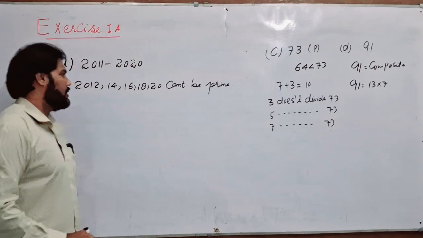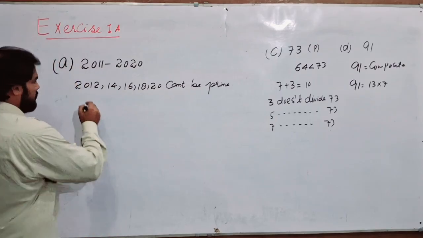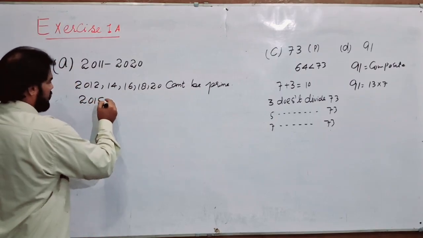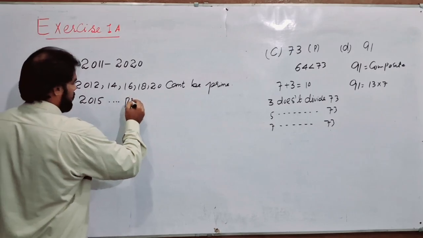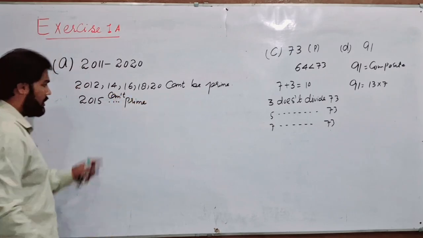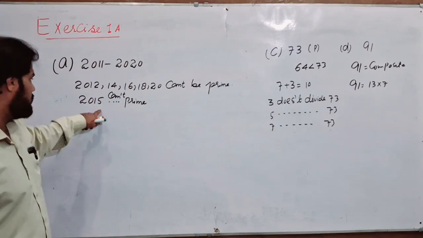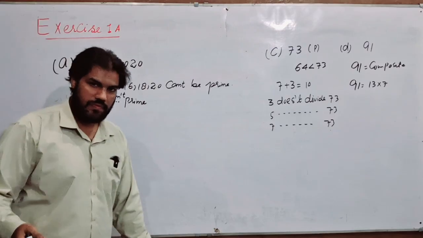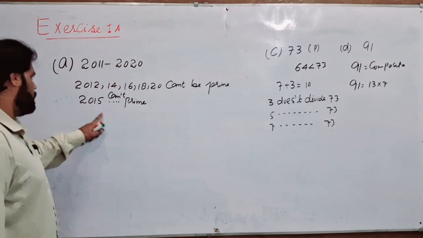The next one, 2015, is also not a prime because the last digit is 5. So this number 2015 is divisible by 5. This shows that this number cannot be a prime number.